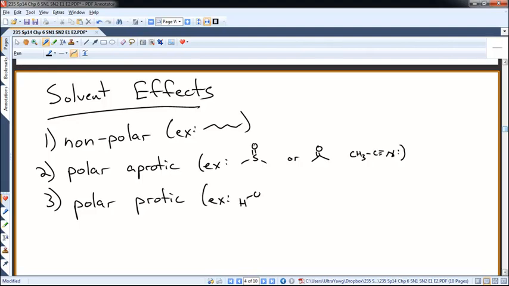Polar protic, very simple, most obvious example would be water. Water is strongly polar, and it's protic because of a proton, a hydrogen, directly bonded to an oxygen. Alcohols, anything that has an alcohol has a hydrogen directly bonded to an oxygen. Or an amine, things like RNH2, right? Polar protic solvents because the hydrogen is directly bonded to electronegative elements such as nitrogen.